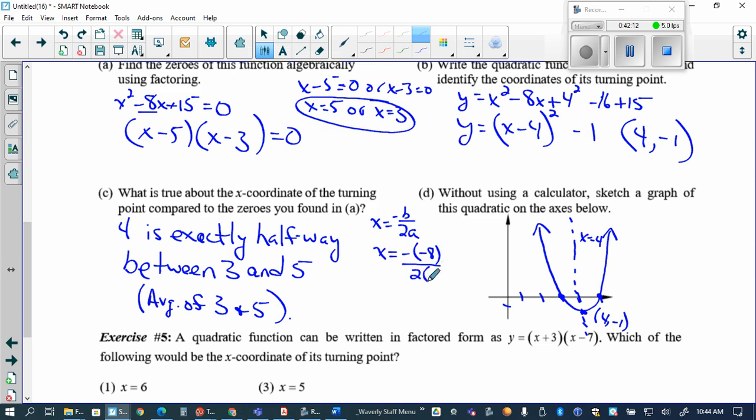What's the a? 1. Yes, 1. What's -8 divided by 2? Whoa. So there's a little formula for the axis of symmetry. The axis of symmetry is exactly halfway between the roots.